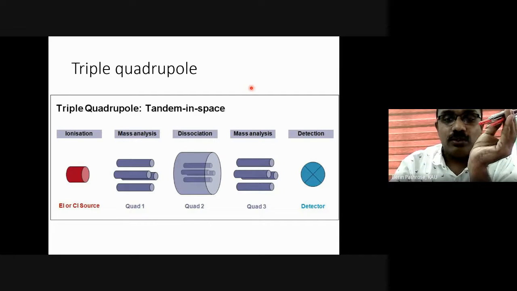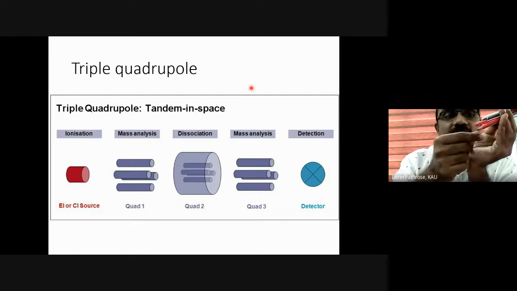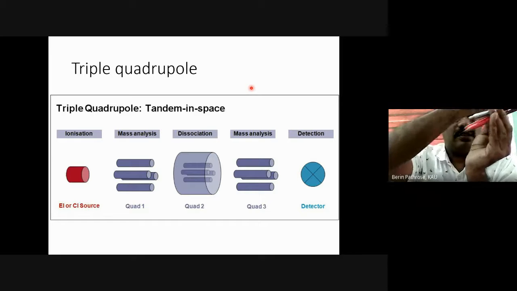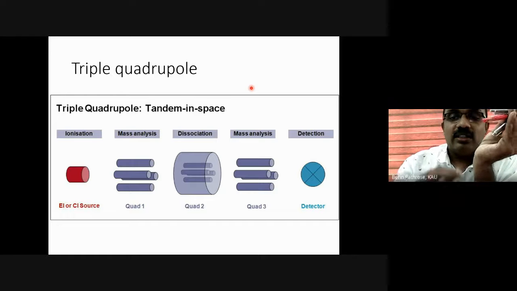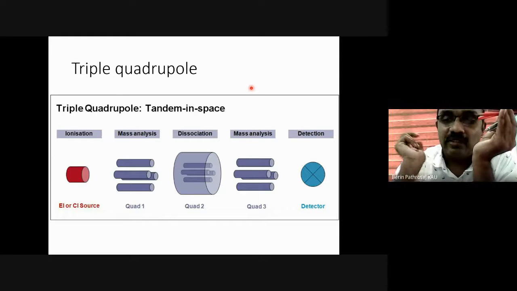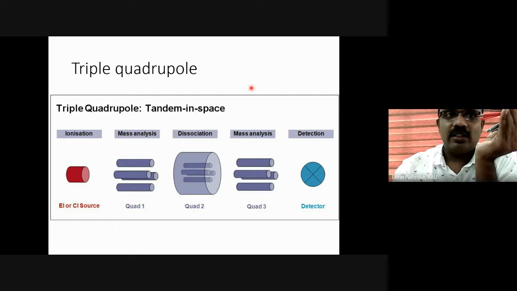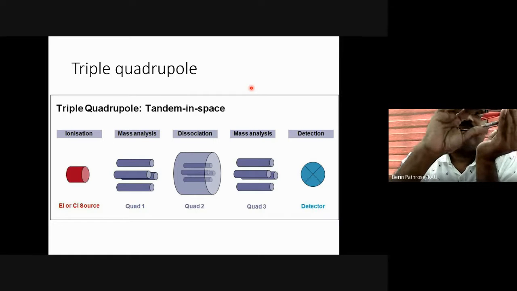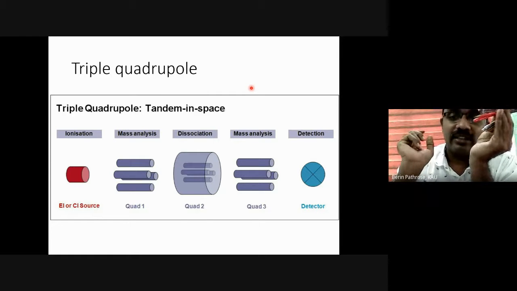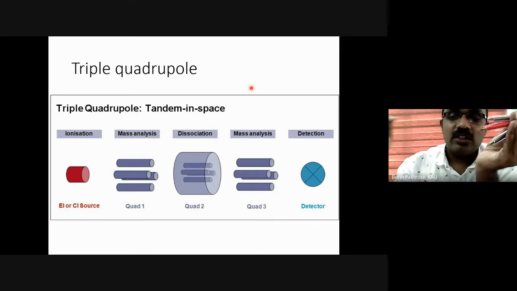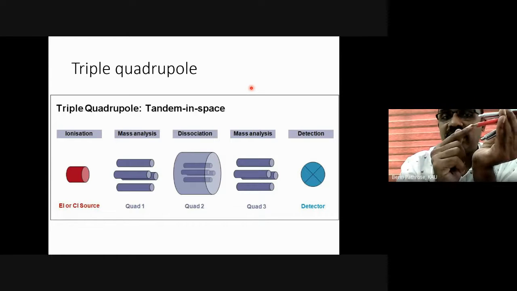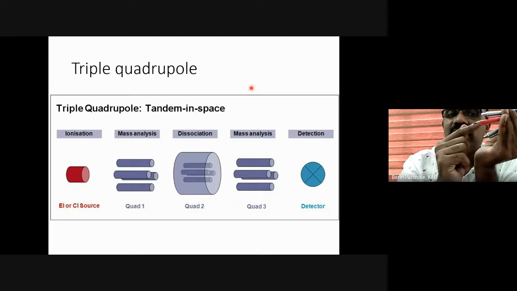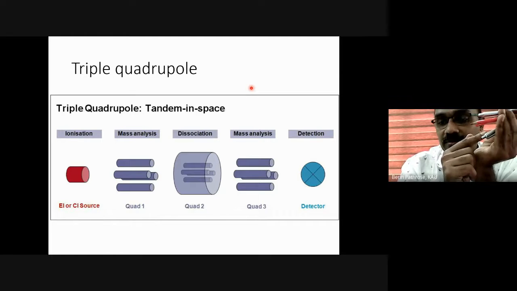Consider these 2 reddish ones have the same charge at a time. These 2 reddish ones are positively charged at that moment, so these 2 silver ones have negative charge. If a positively charged compound enters, because of the positive charge in these 2 electrodes at that moment, it gets deflected and attracted towards the negative charge.